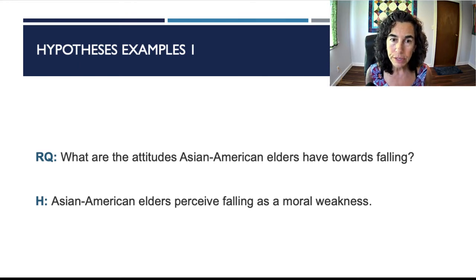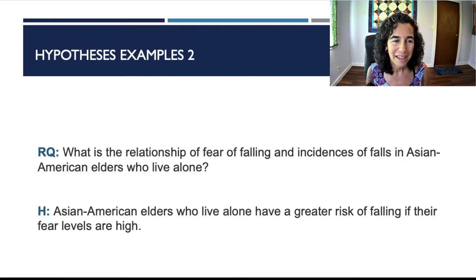Now, you could see that if someone perceives it as a moral weakness, they're potentially not going to be really motivated to participate in an exercise program to increase strength and balance, right? Because they don't see it as a physical issue. So it would be super important to investigate this in order to then figure out what can we do about it.